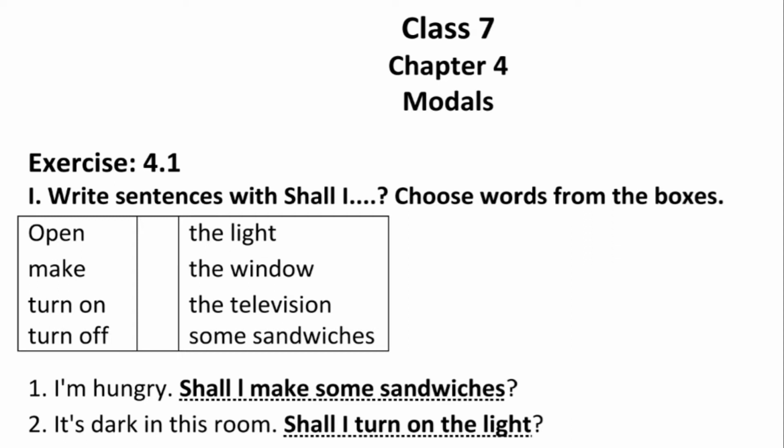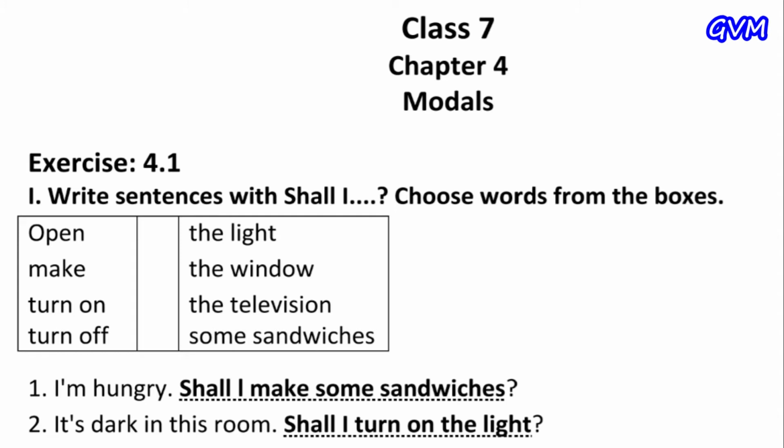My dear students, you have learned the use of modals in your previous class, and there are some important points. First, the use of will and shall. Will and shall denote a future action. We use shall for the first person and we use will for the second and third person.